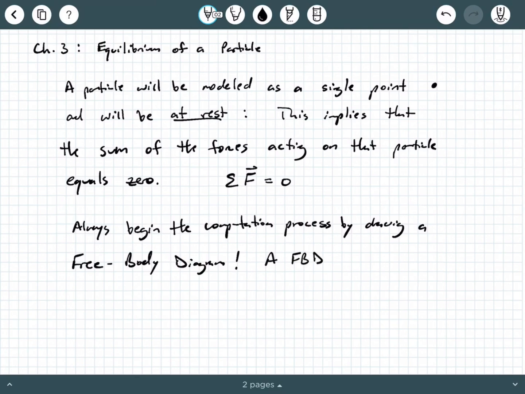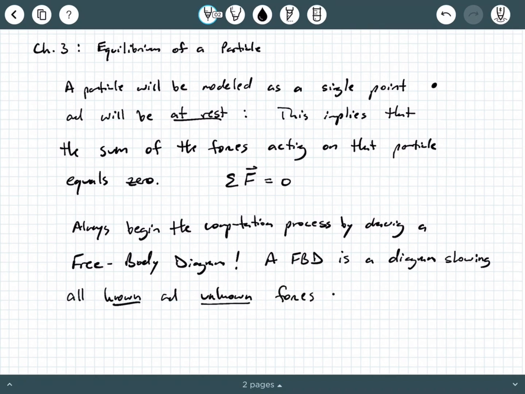A free body diagram, or FBD, is a diagram showing all known and unknown forces and measurements on the system, okay?